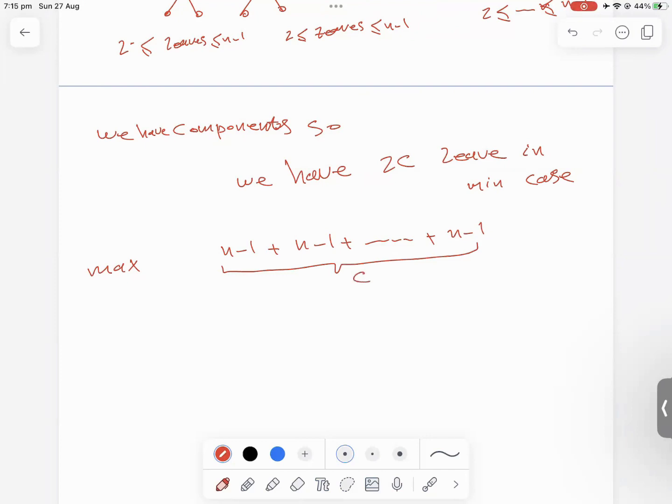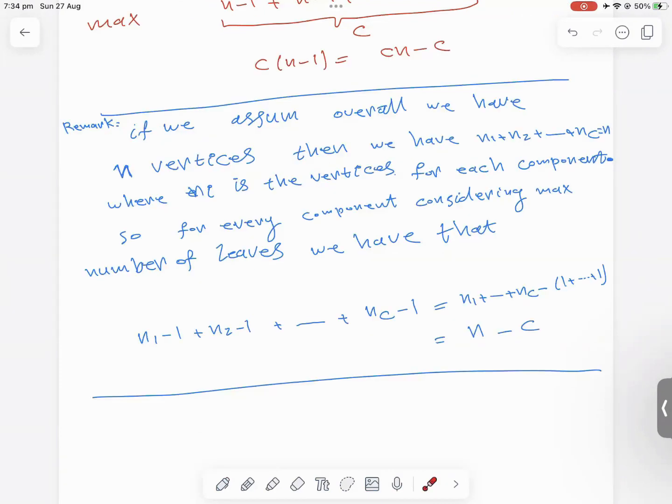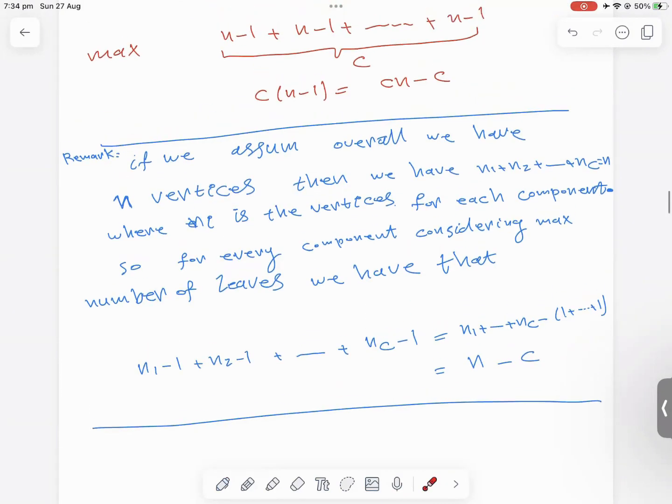This will be C times n minus 1, which will be Cn minus C. A remark about this question: if we consider that overall we have just n vertices, and each component has n1, n2, and so on until n sub C vertices, overall equal to n.